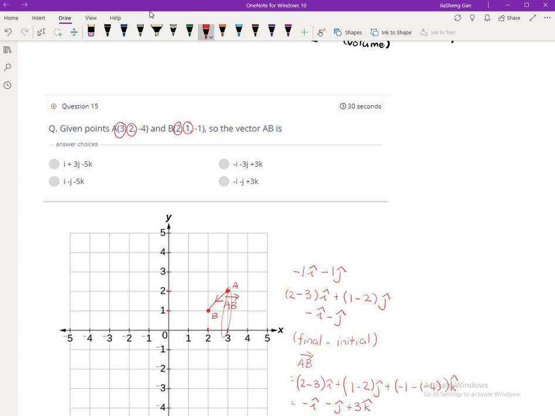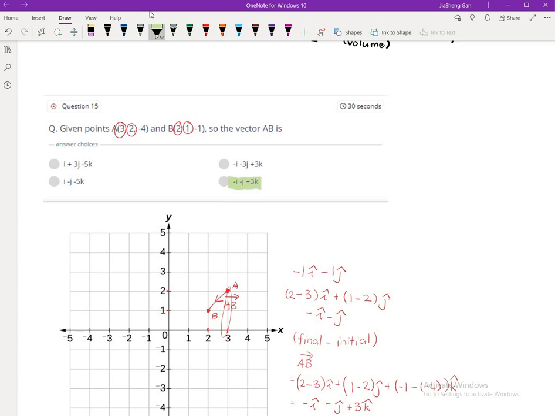So knowing that, we know that the answer will be this. Okay, so that's how we find the vector AB.